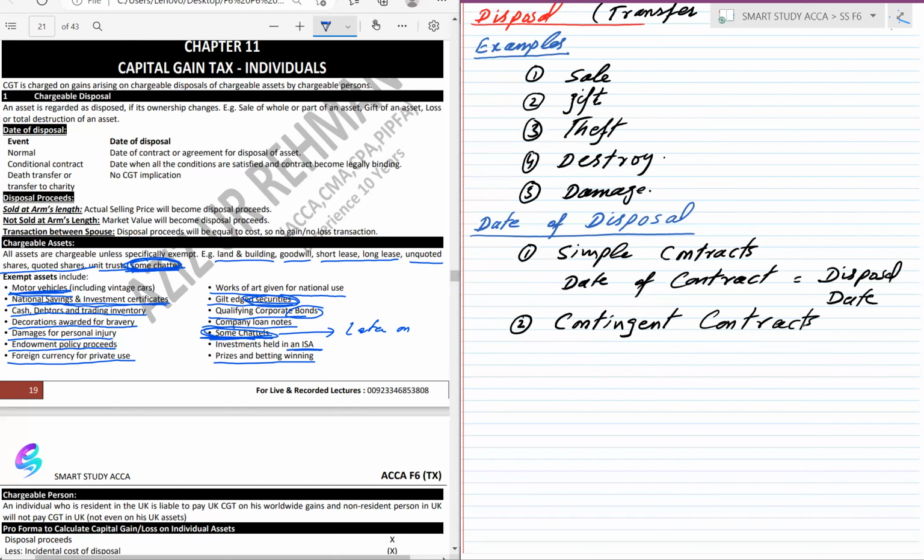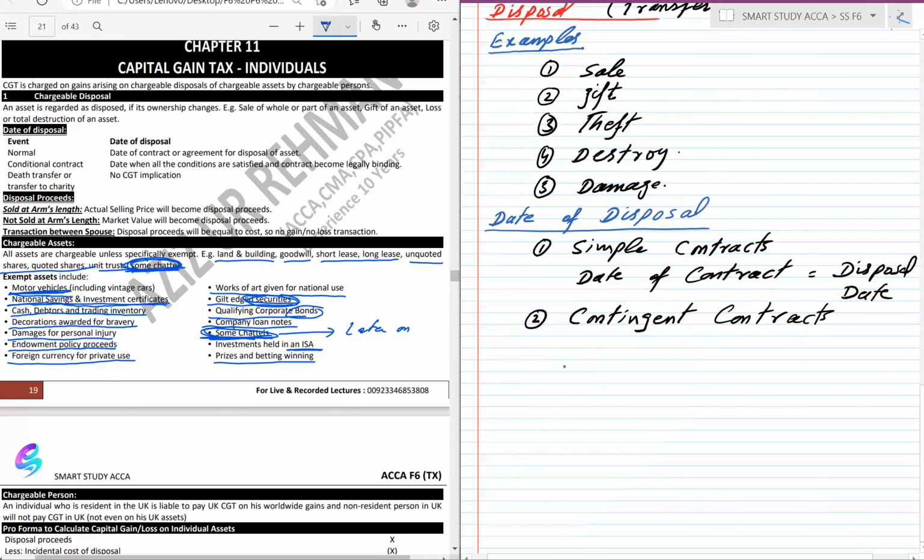This contract will become legally binding only if the conditions of the contract are satisfied. So the date when the conditions written in the contract are satisfied, on that date the contract will become legally binding, and that date will be the date of contract or date of disposal.